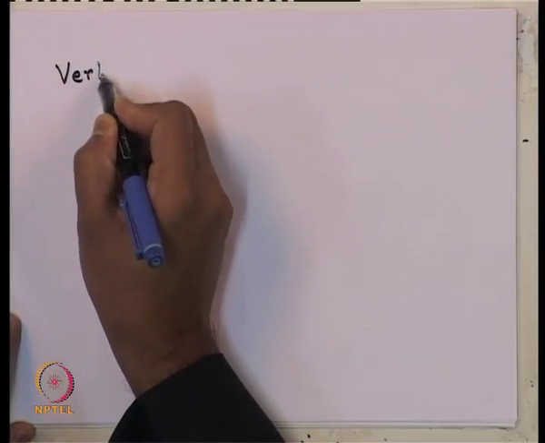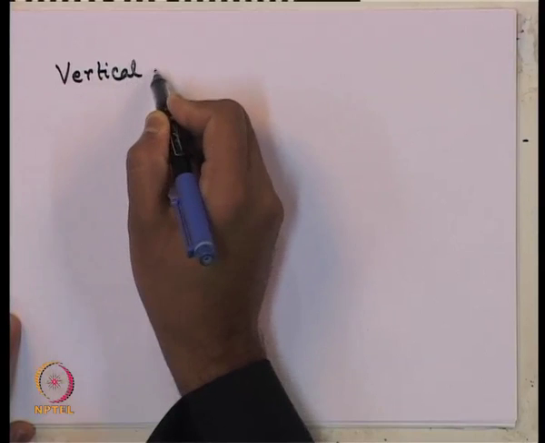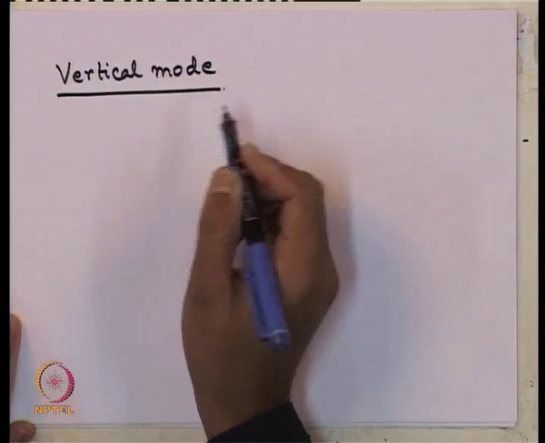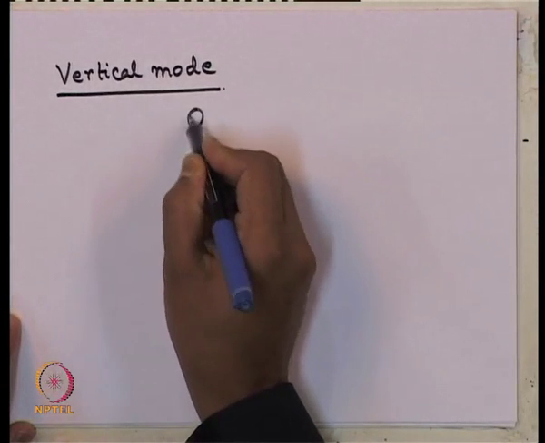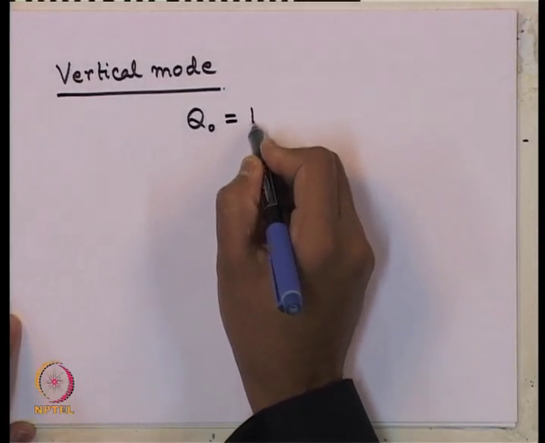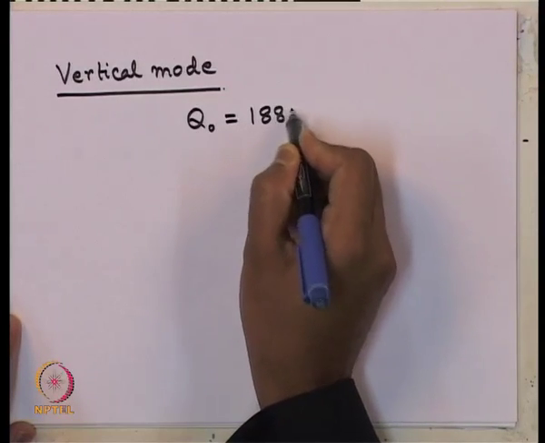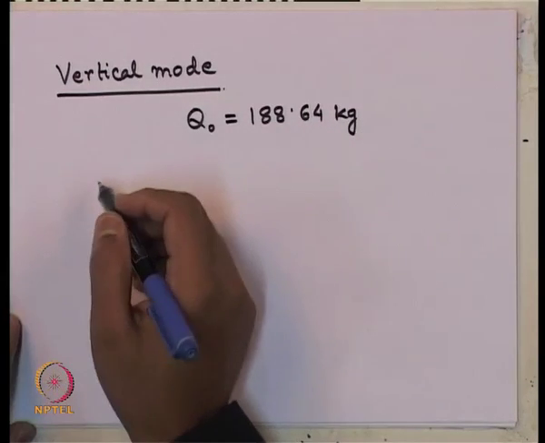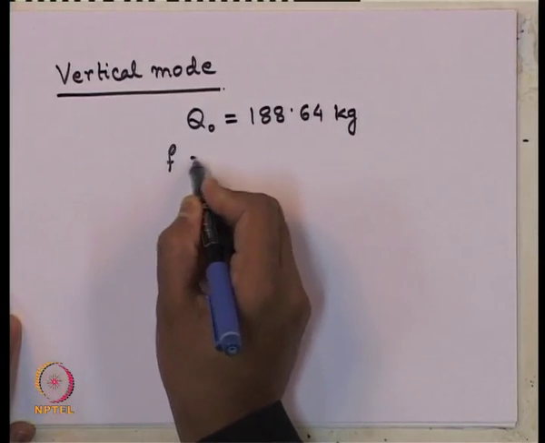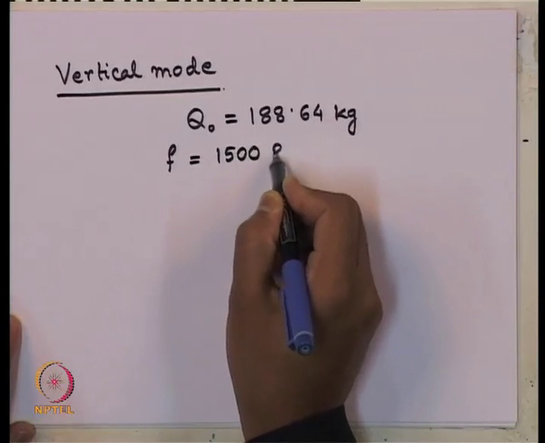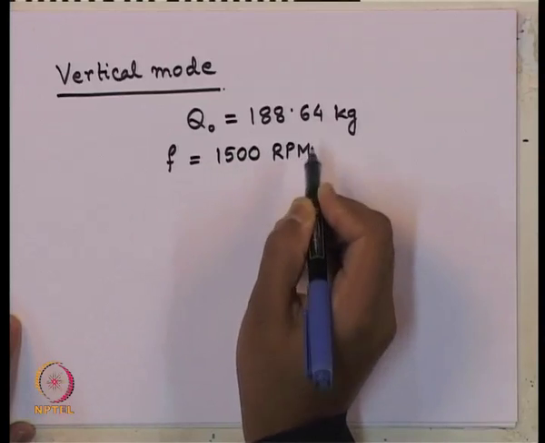For vertical mode, let us do it first. Given Q naught is 188.64 kg force, of course, we are talking about. The operating frequency is 1500 rpm.